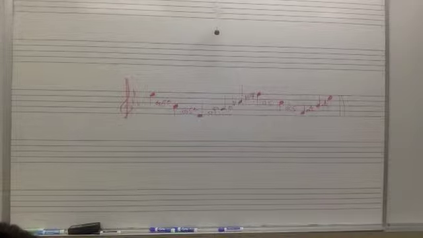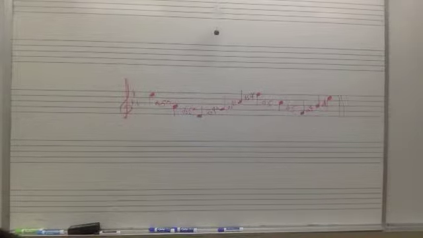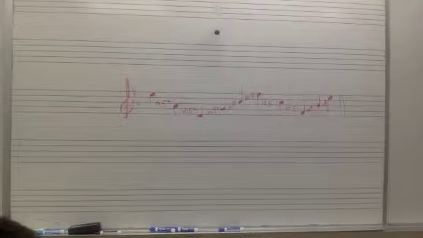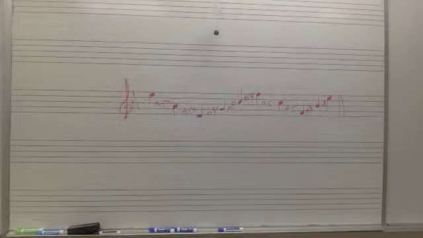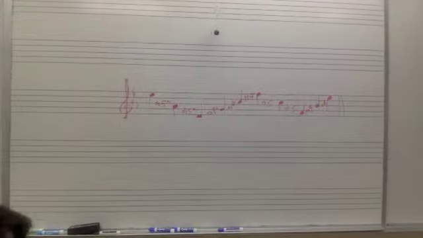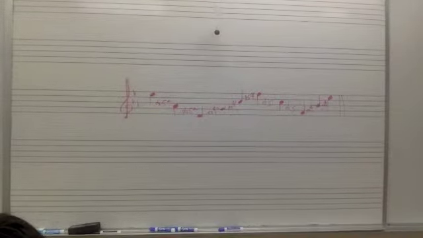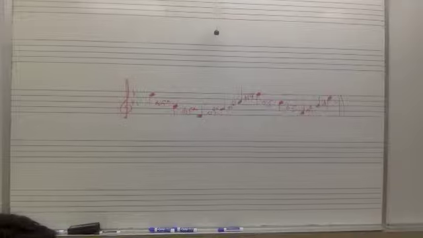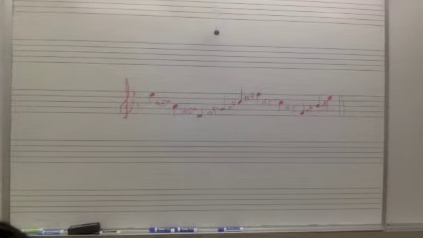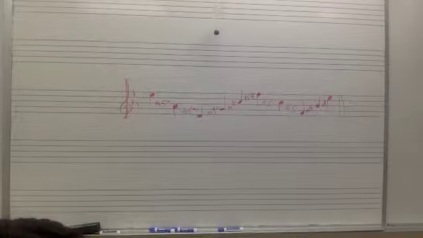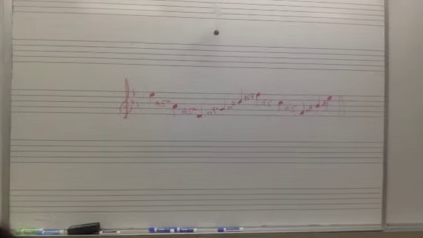It has to be a D flat. That's okay, we can get away with it. Tritones are okay. And then we've got G, up a fourth, up a fourth, up a fourth.